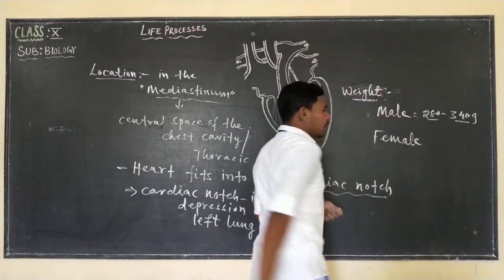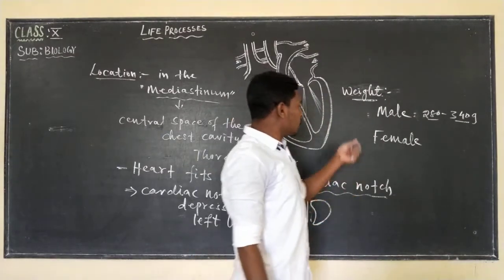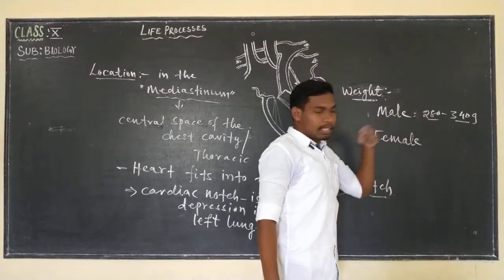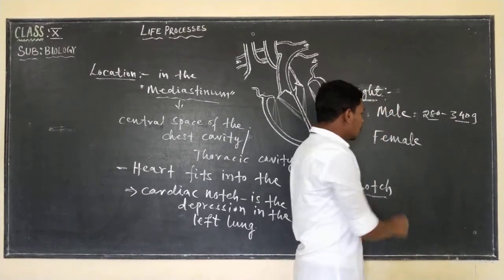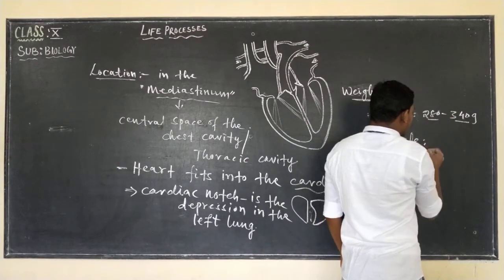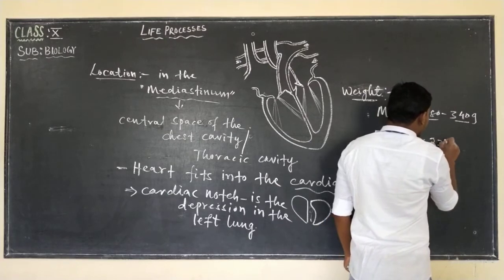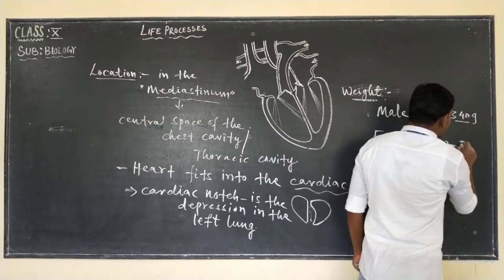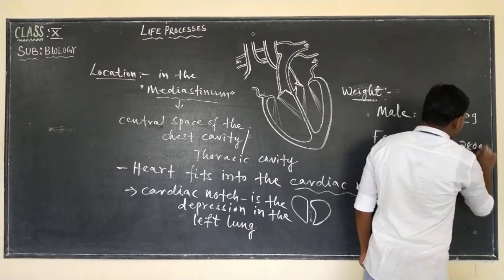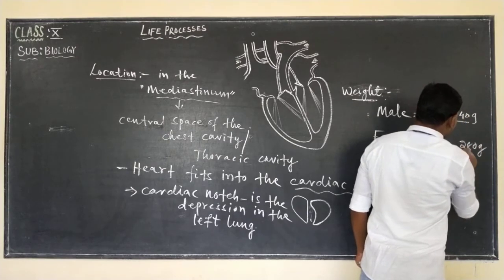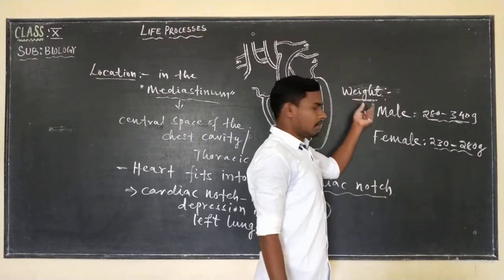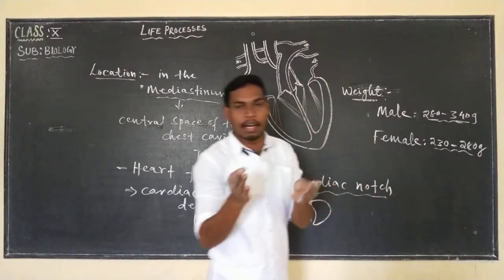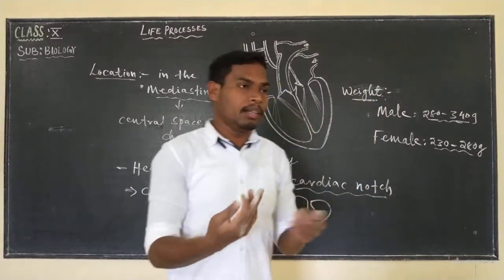The weight of the heart varies in male and female. In males it ranges from 280 grams to 340 grams. In females it ranges from 230 to 280 grams.